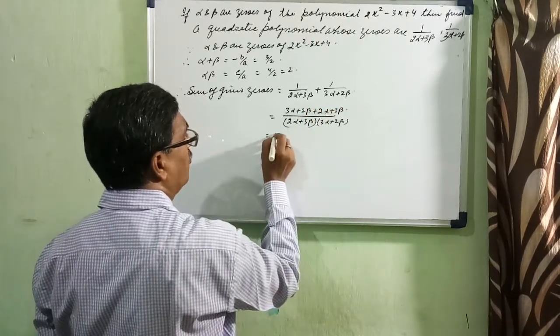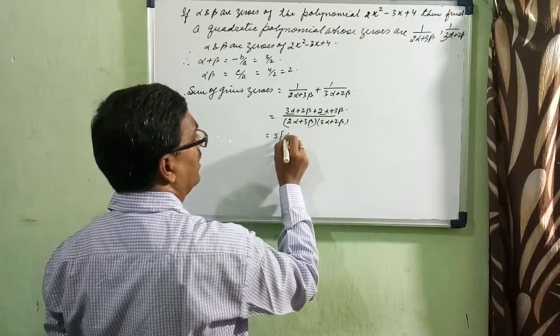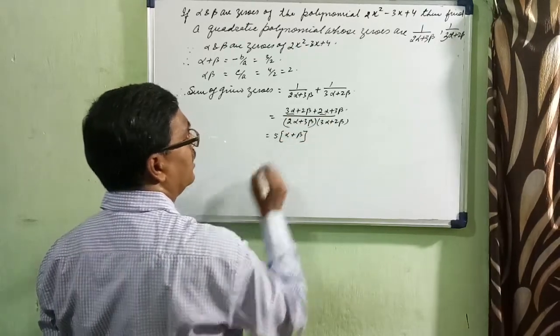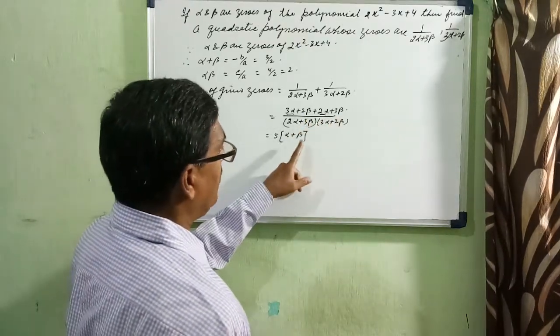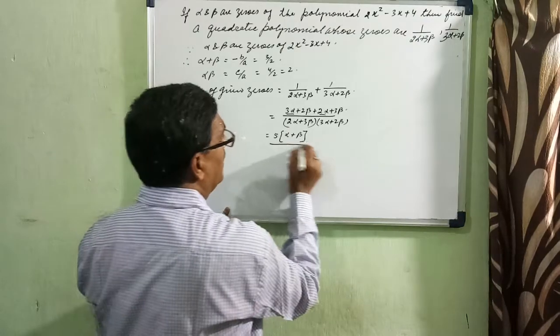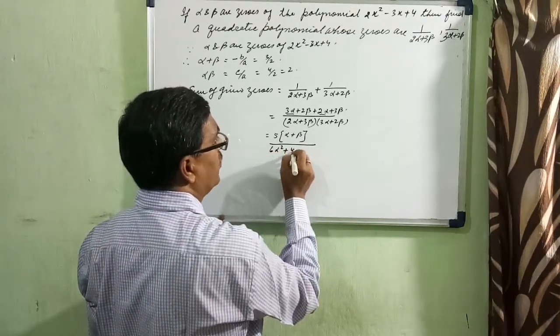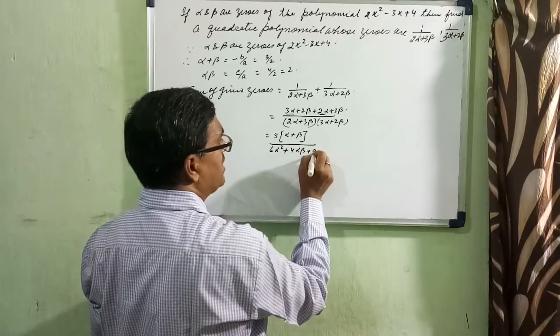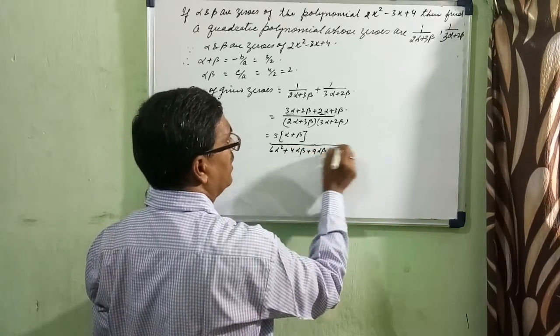Will it be 5 common, 3 alpha, 2 alpha? So 5 alpha, 2 alpha, 3 beta, 2 beta, 5 beta, 5 common, and multiply this: 6 alpha square plus 4 alpha beta plus 9 alpha beta plus 6 beta square.